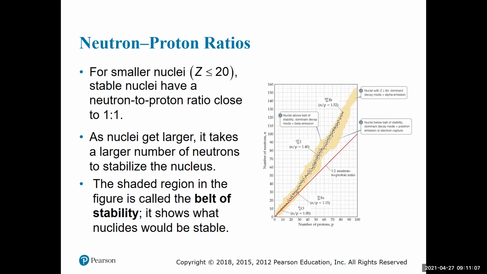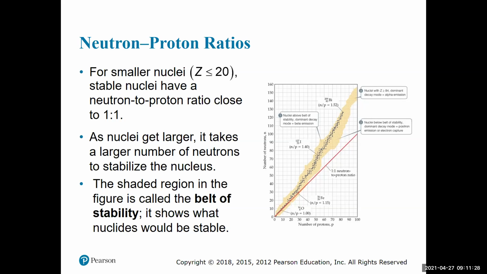If you get above the belt of stability, then you get a lot of beta emission. If you get below the belt of stability, you can get positron emission and electron capture.